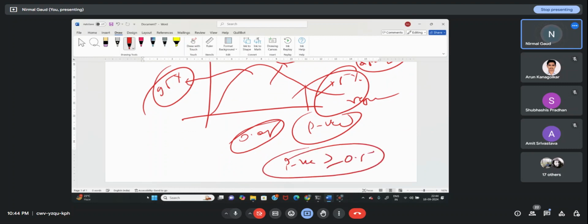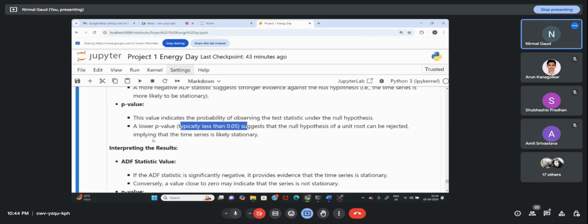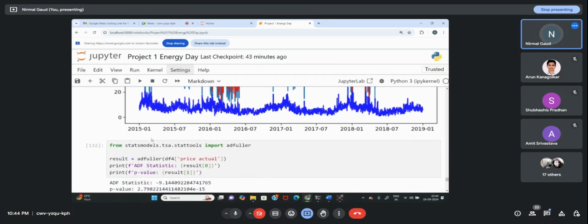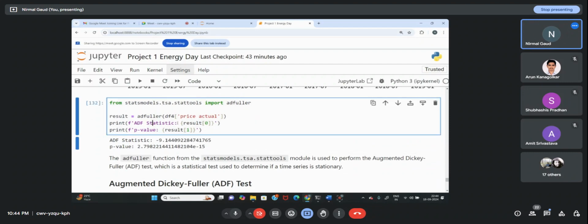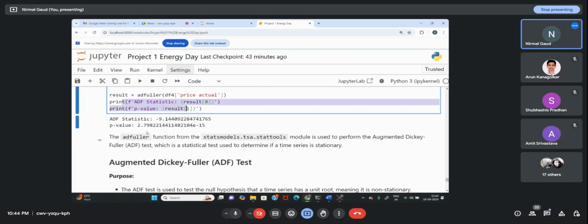That's what we check. Same thing we did here in the code. We printed the F statistic and the p-value. The p-value came to be, sorry, 2, which is greater than 5%, 0.05. That means now I am in the confidence region.